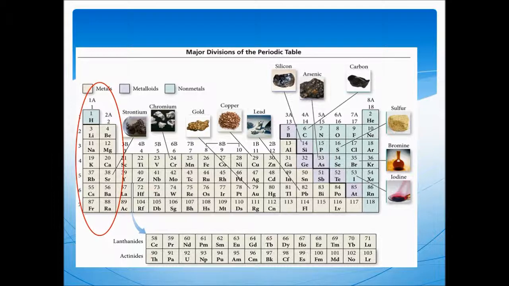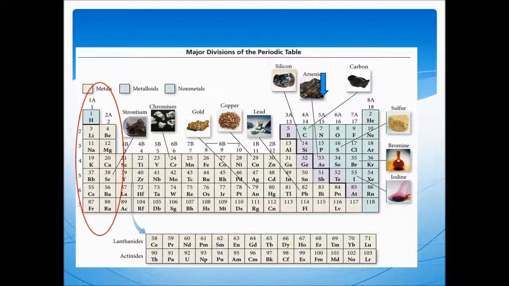Metals tend to lose electrons to form ions, which we call cations, and they're positively charged. The metals also tend to be malleable, they tend to be ductile, and they're often shiny.